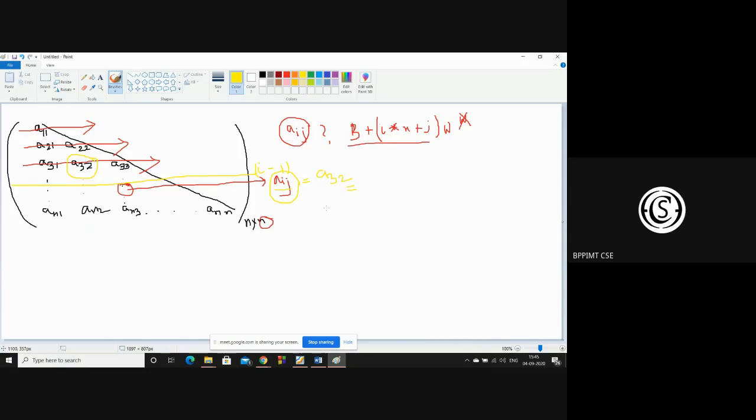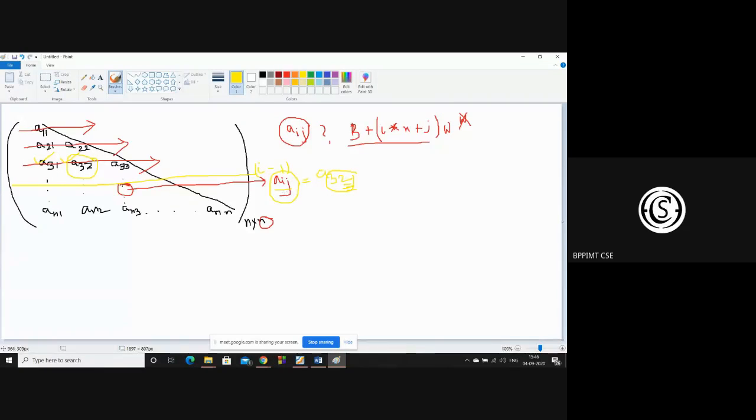So the second index, that is the column, represents the number of elements in the particular row. In case of A32, j denotes there are 2 entries in the third row, A31 and A32.